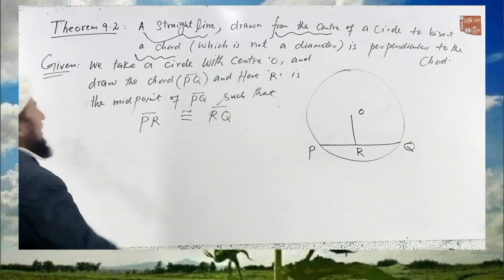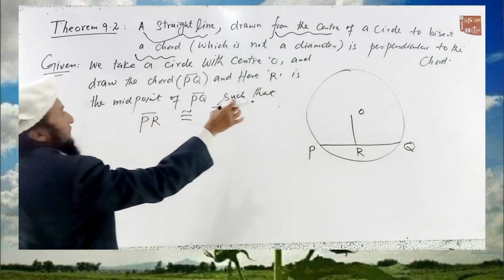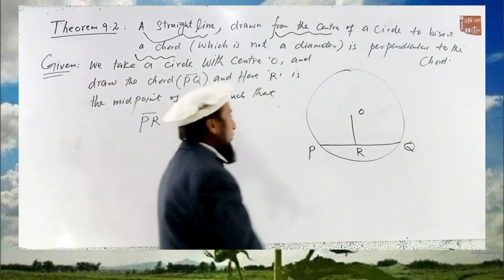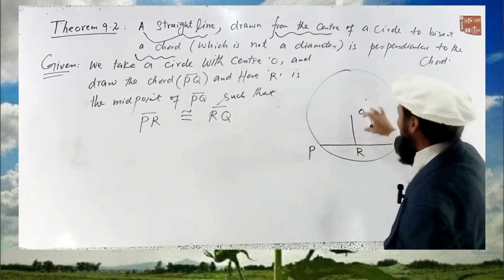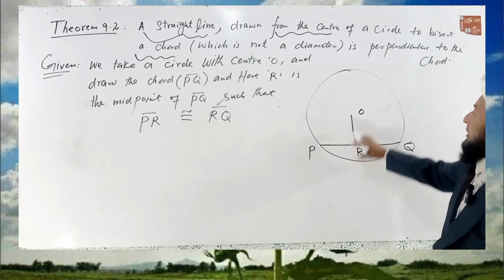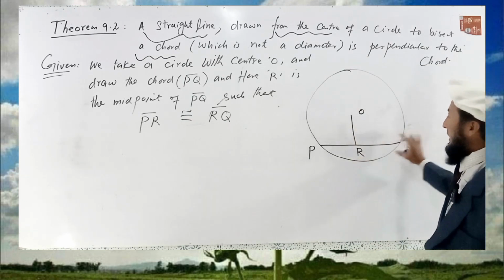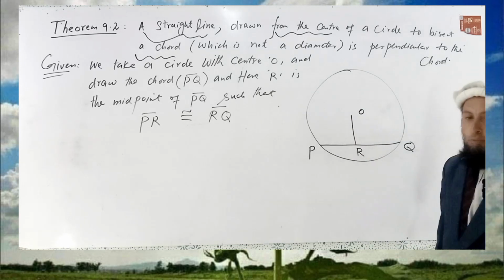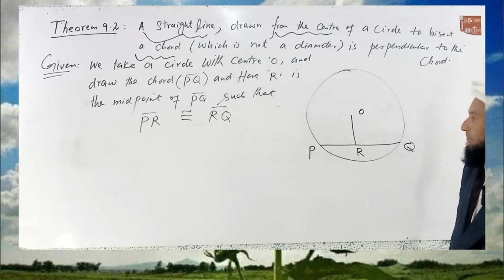So this is a straight line from the center of the circle to bisect a chord. The straight line here is OR, which is the perpendicular line. We have drawn it and bisected the chord. R is called the midpoint of the chord PQ.